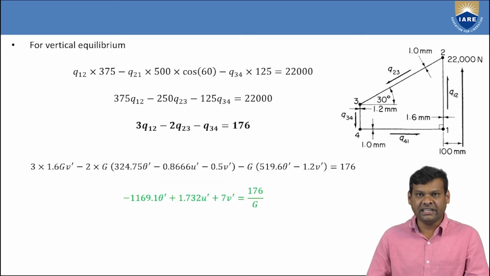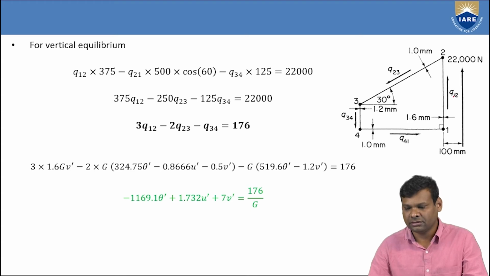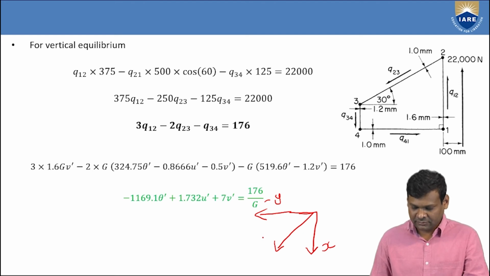Now let us look into the vertical equilibrium of an element. When you look into this geometry, Q12 is in the vertical direction. Now let us look into Q23. Let us take the x-axis towards down and the y-axis towards negative. Let us take this angle as theta.